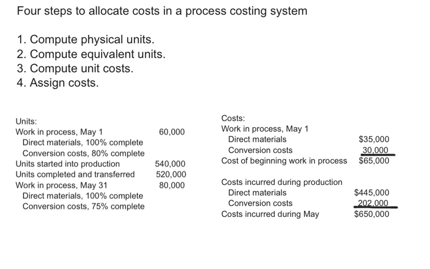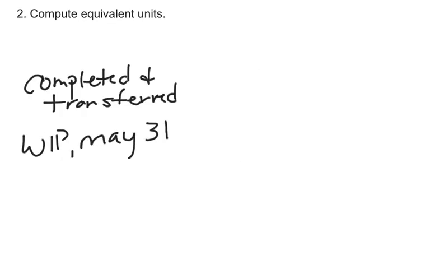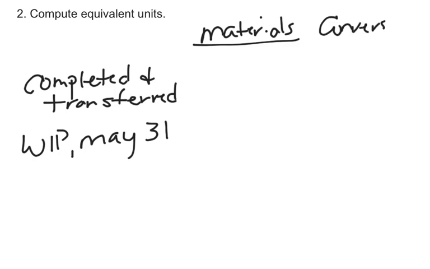Okay. Well, how many units did we complete and transfer? Looks like 520. Again, use that physical flow as well. So if they're 100% done, then with equivalent units, you need to look at a difference between materials and conversion, because these aren't applied the same way.